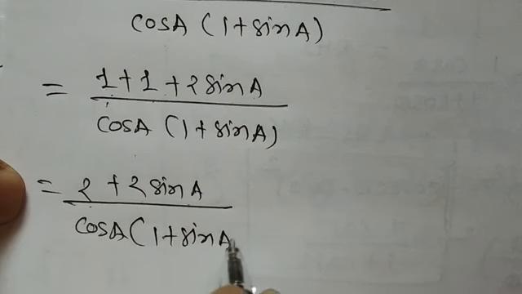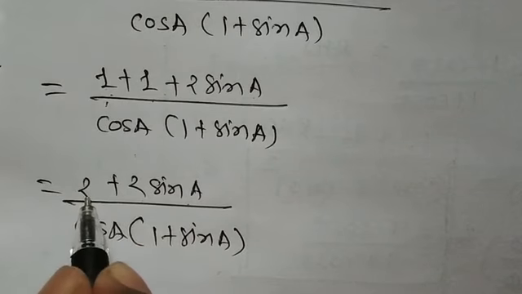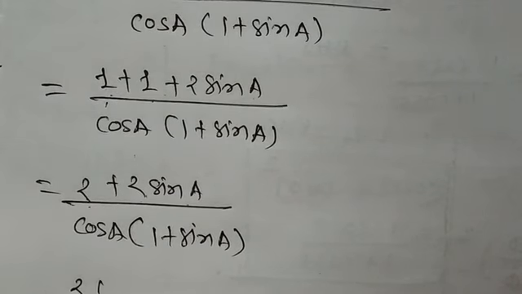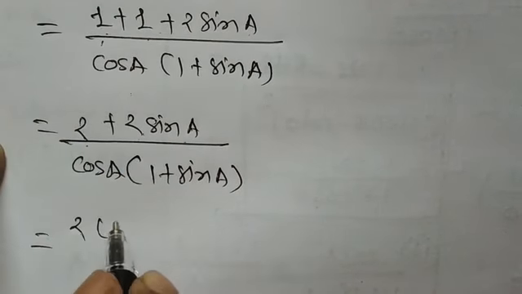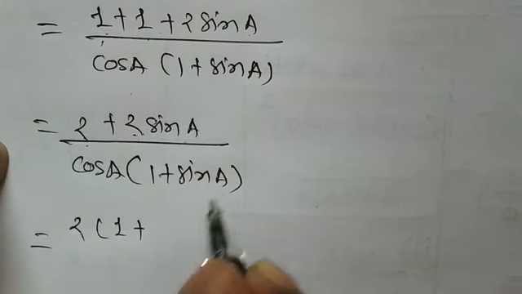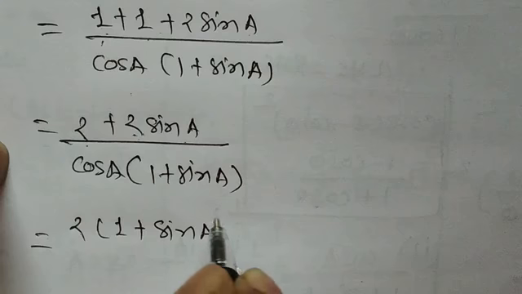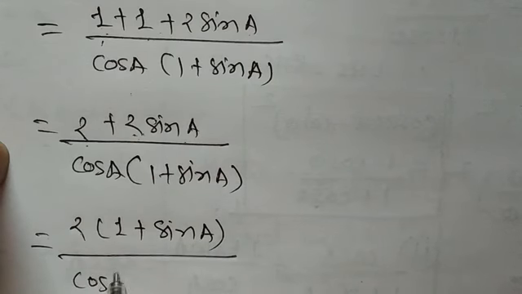Now can I take a common term from the numerator? The common term is 2, so I take 2 outside the bracket, leaving 1 plus sin A.